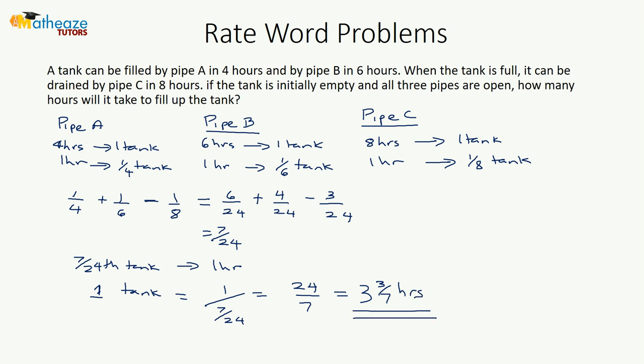So if these 3 pipes are working together, it's going to take 24/7 hours for the tank to be full. And take note, it's also taken into account that we have pipes A and B filling up the tank and pipe C draining the tank. So after 24/7 of an hour, the tank will be completely full with all these pipes working together.